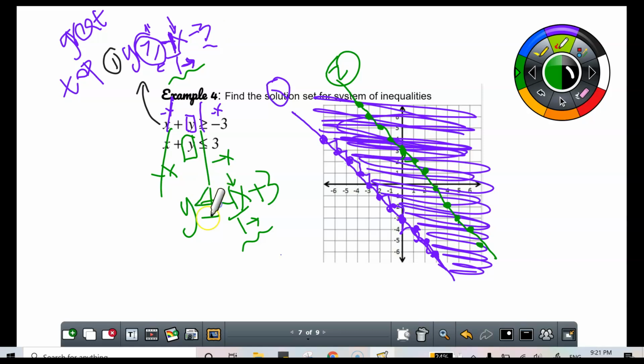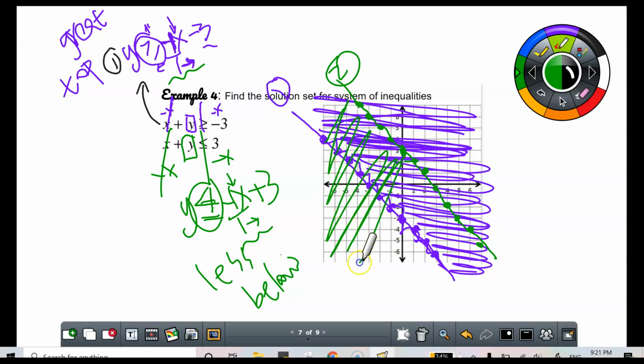The second inequality is less than or equal to. For less than, we're going to shade below the line. So this is the line, and below the line is this area. We finish shading. Finally, look for your solution set, which is the overlapping shaded area.